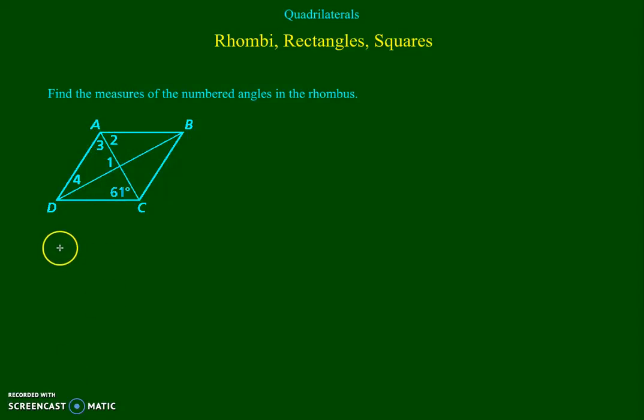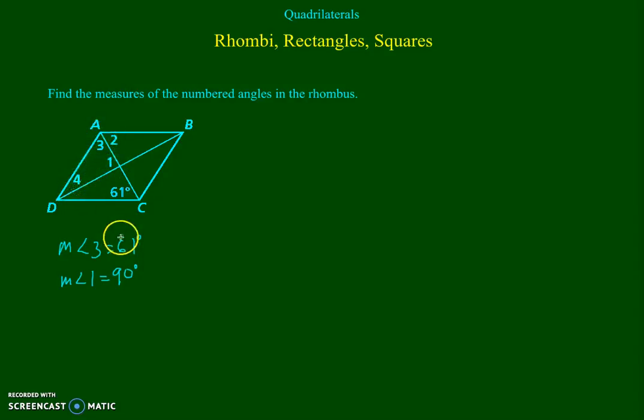Let's keep track of the measures here. So the measure of angle 3 equals 61. In rhombi, the diagonals are perpendicular, so angle 1 has to be a 90-degree angle. Since this angle is 90, these two angles are complementary.